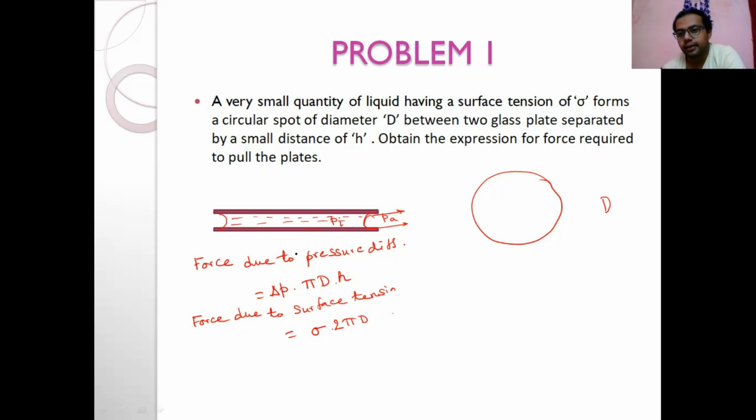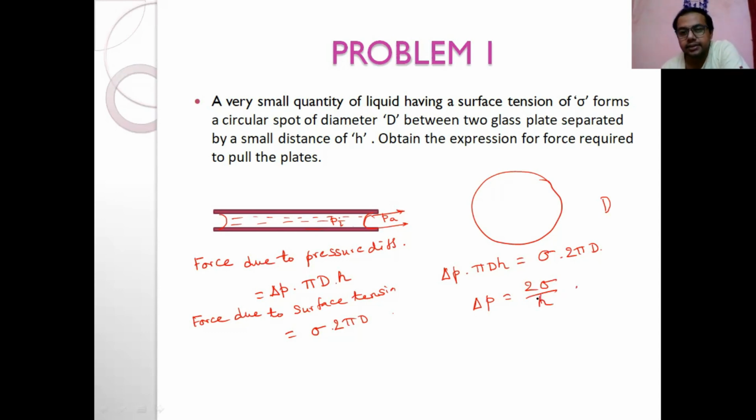These two forces, because of surface tension, at the liquid and solid surface. At the top there is a layer, an interface, and similarly at the bottom plate and liquid. So there are two places where there is an interface, and these two forces will be equal. So delta P pi d h equals sigma into 2 pi d. That is the scenario of this equilibrium. So delta P, we are getting it as 2 sigma by h.